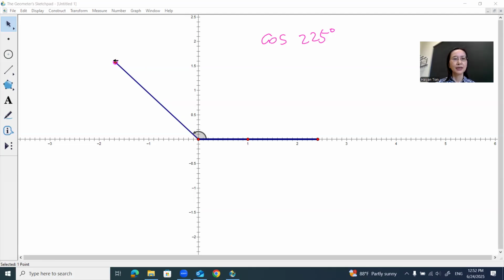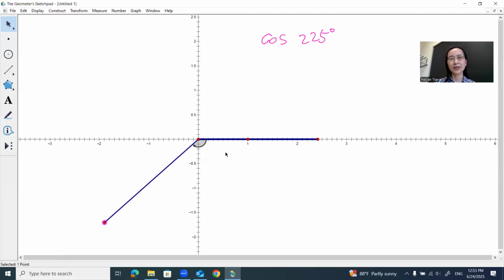So if this is 180, we need to continue. This angle, 225 degrees, is less than 270 but bigger than 180, so it's in the third quadrant. Approximately here.